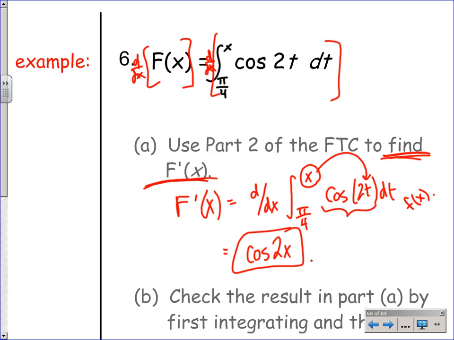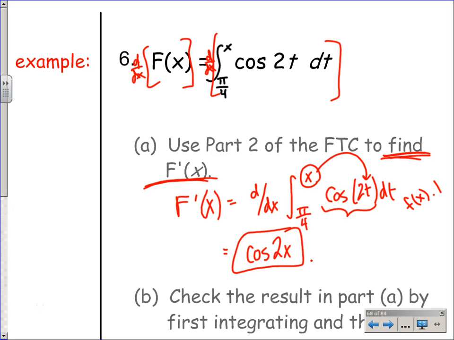Well, what is your u's prime? Okay, no big deal. But you're not taking the derivative of him. He's just being rewritten. Whatever f is, it's still f. Your top bound, your variable, gets plugged in, and then if your variable has a prime, you have to multiply by him. Now letter B says go ahead and check it by doing it.